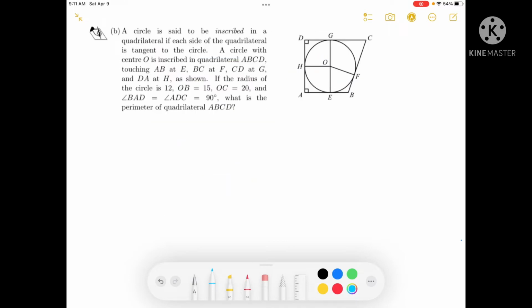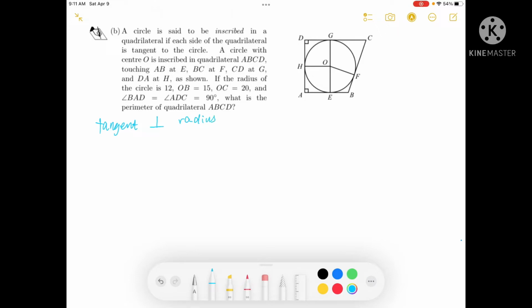Firstly, there is an inscribed circle in the quadrilateral ABCD, so it is tangent to all sides. Notice that we have a geometry theorem you should know: the tangent is perpendicular to the radius.